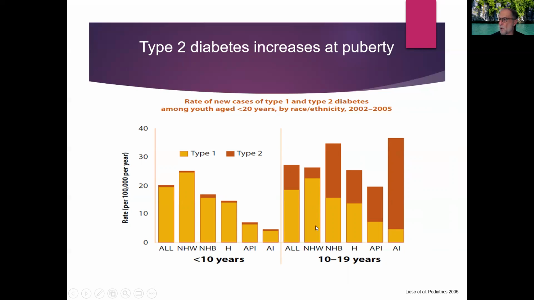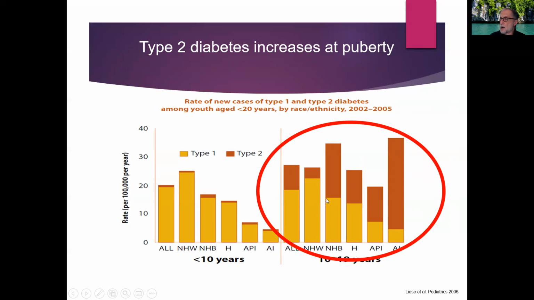However, when puberty occurs, all of a sudden there's a dramatic shift, so that now overall type 2 diabetes suddenly reflects about 15% of all new cases, and is 50% among African Americans and Latinos, and up to 90% of all new cases of adolescent diabetes among American Indians.